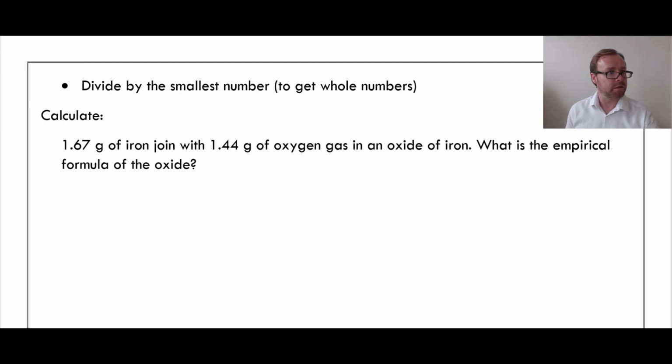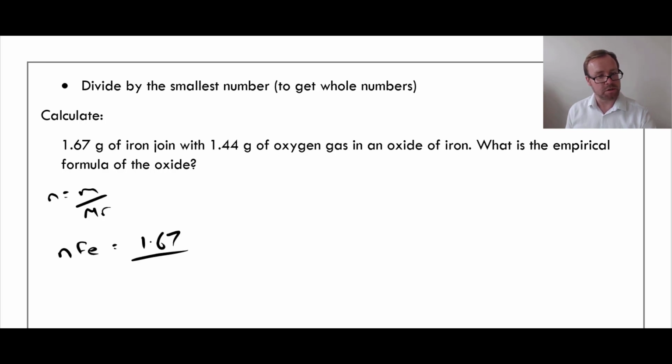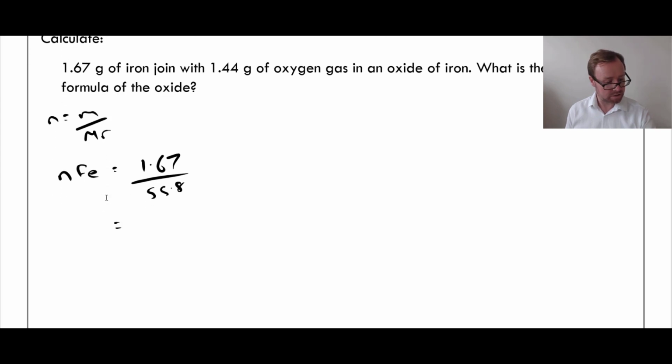Okay, so let's go through it together. So I'm going to use my formula N equals M divided by Mr. You may have noticed in this question we haven't got percentages, we've got actual masses, so I can just use my masses which are given. So 1.67 grams of iron, and the Mr of iron is 55.8, which gives me 0.03 moles of iron.